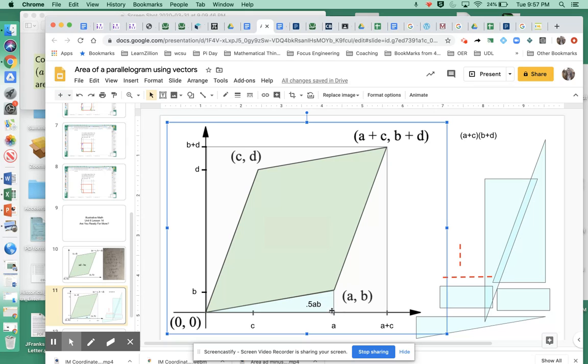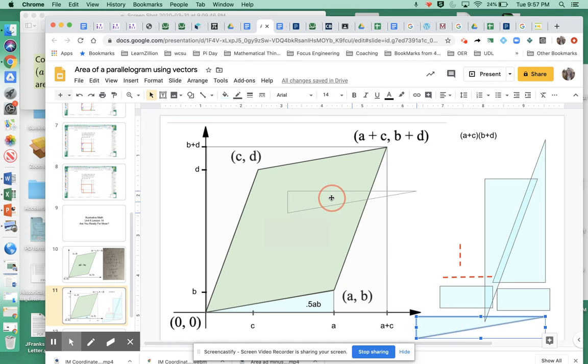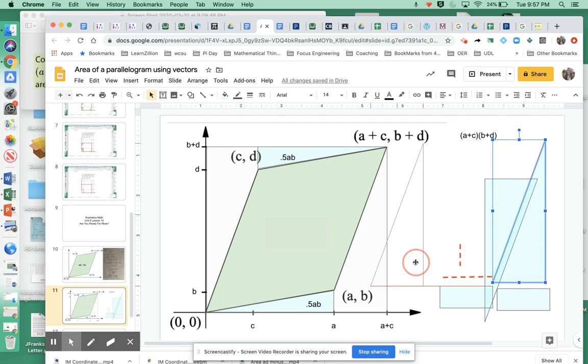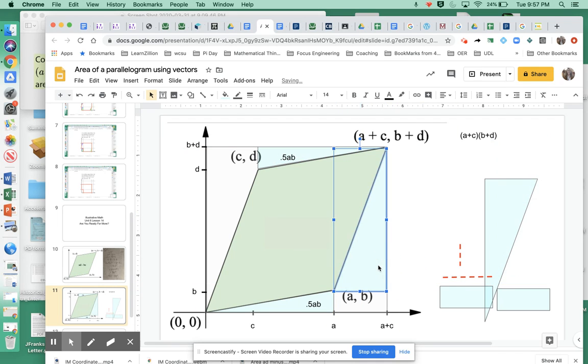Now, I also know that this triangle is going to be the same as the triangle up here, which I'm also going to call 0.5 A times B.